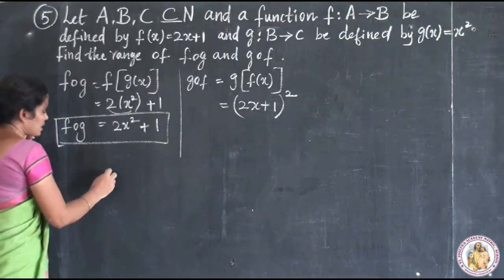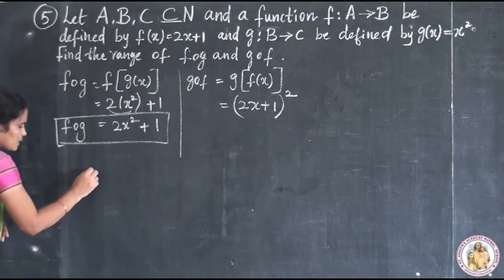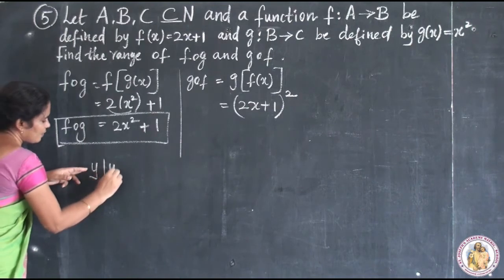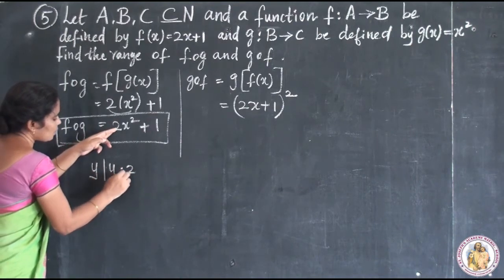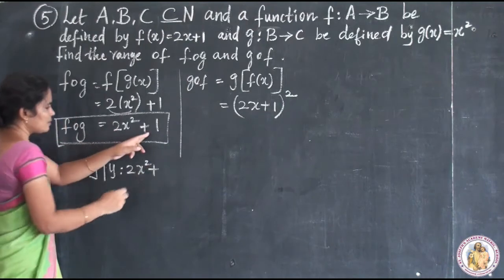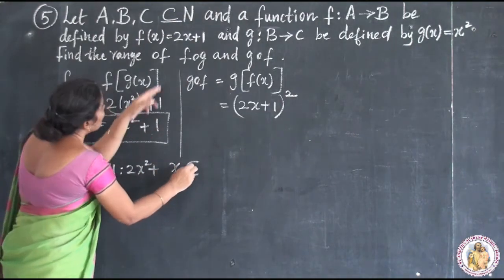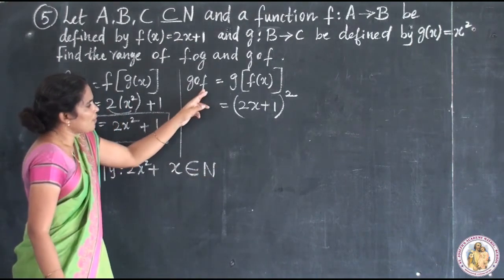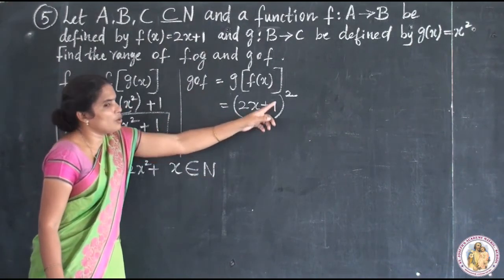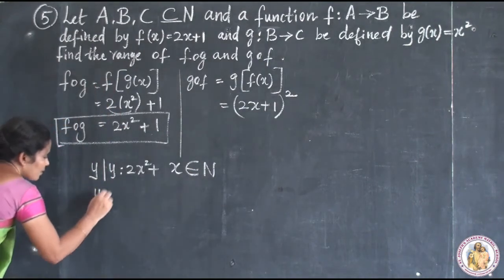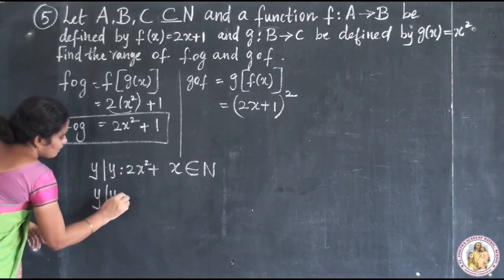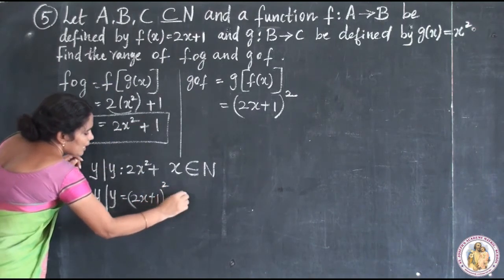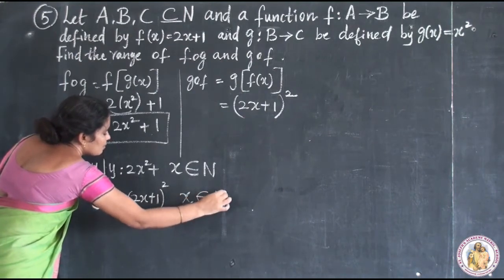To find the range of f of g, y such that y is 2x square plus 1, where x is a natural number. So x belongs to natural numbers. For g of f, it is 2x plus 1 whole square. So y such that y is equal to (2x plus 1) whole square, x belongs to natural numbers.